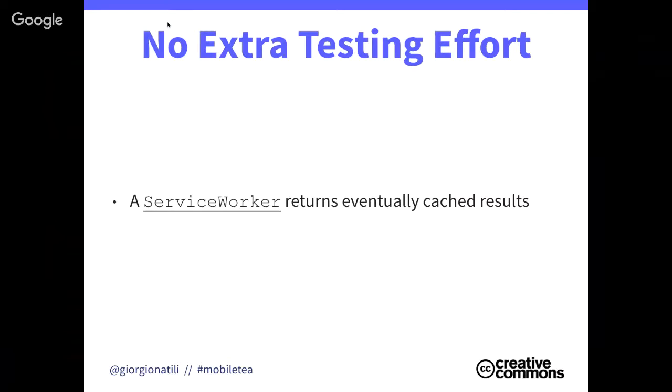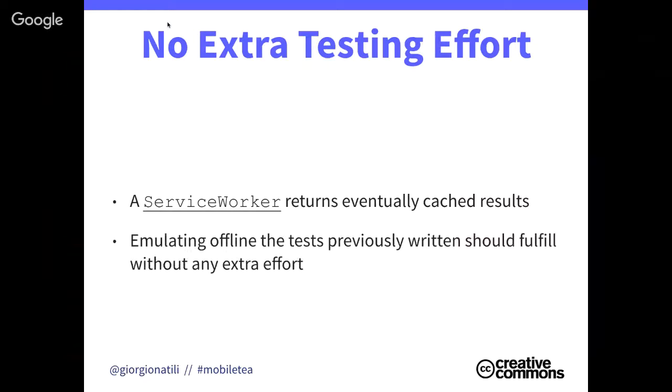So you don't have to think, okay, but to use this API, I have to double the effort of writing my test cases. Pieces of your client-side code stay the same. You can have some end-to-end tests executed with 2 different statuses, and you can check the behavior of your application when it's offline. The results that you get are the cached ones, exactly the same. There's no need to add additional testing.